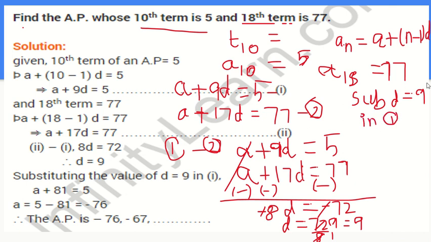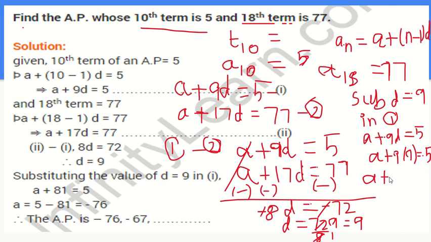Substituting in equation 1. So what is that? A plus 9D equal to 5. Right? So A plus 9 into 9 equal to 5. Then 9 into 9 is how much?